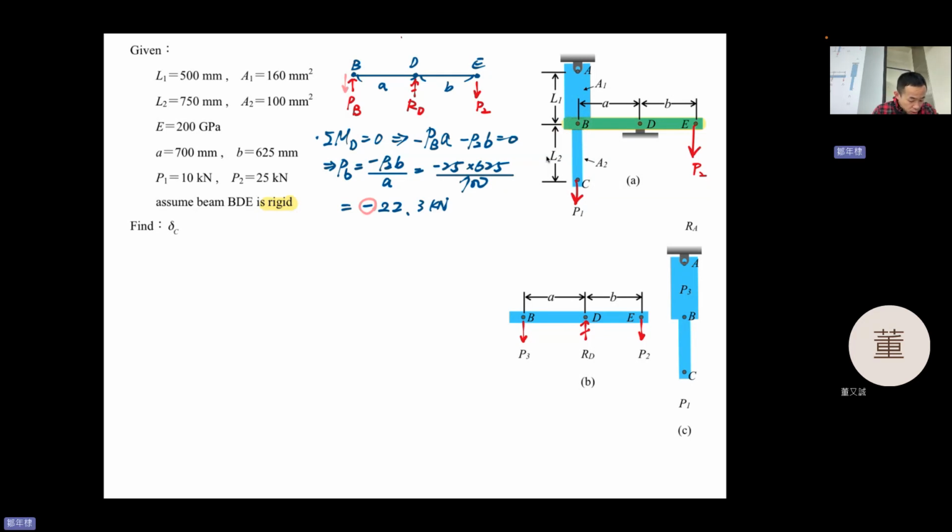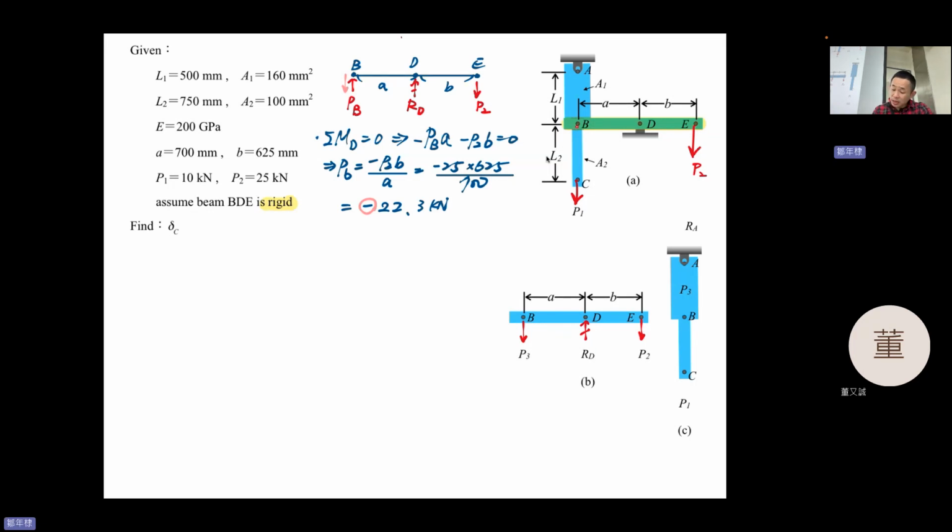let me take a look. Okay, this point will give the PB force downward in the BDE bar.